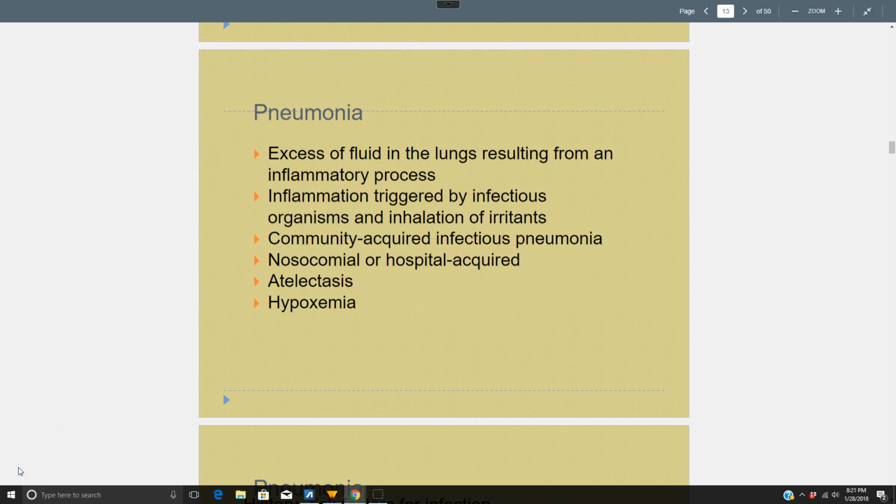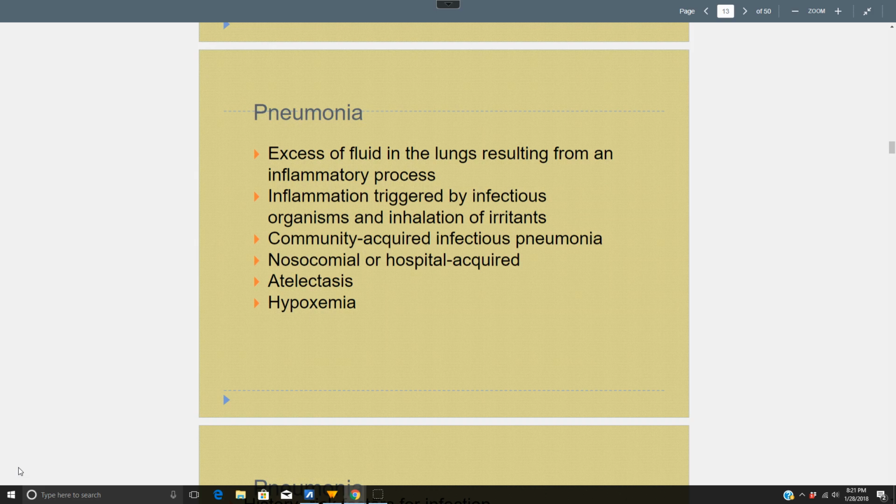And what's important when we look at the term pneumonia is to think about where the pathology is occurring, what part of the structures of the respiratory system pneumonia occurs in. It is an excessive amount of fluid in the lungs resulting from an inflammatory process, an inflammation that occurs in the interstitial spaces, the alveoli, and often in the bronchioles.